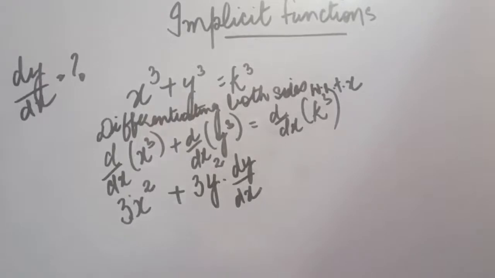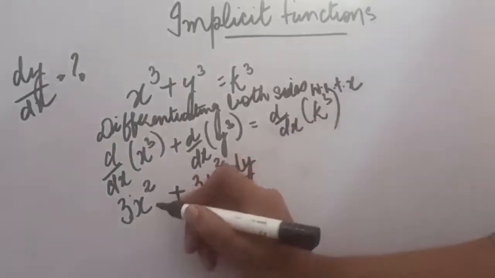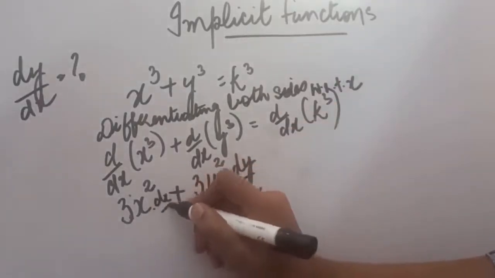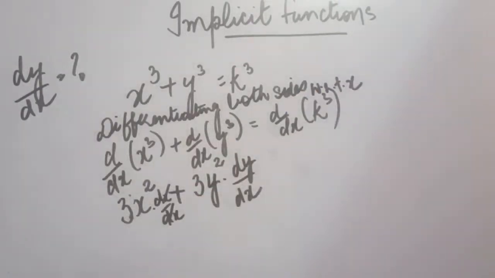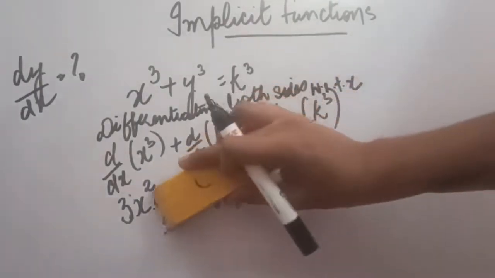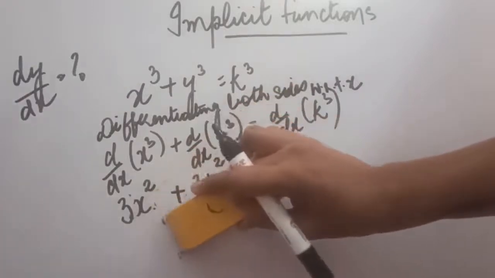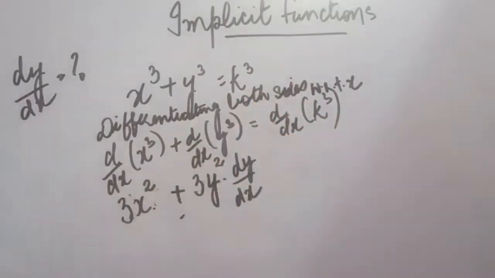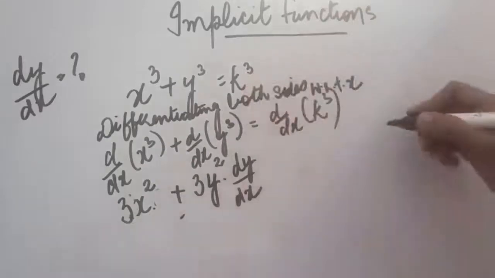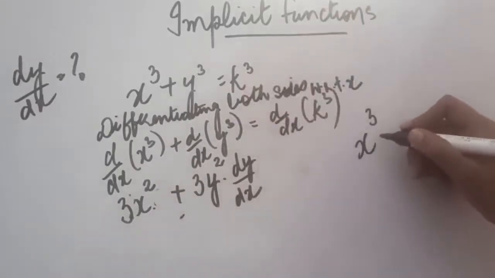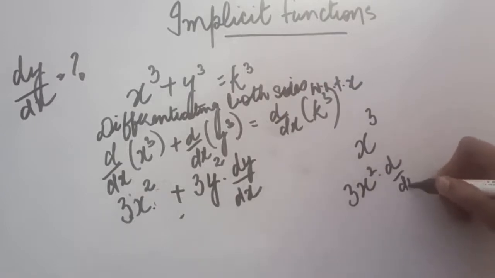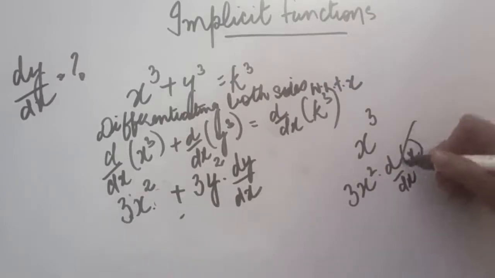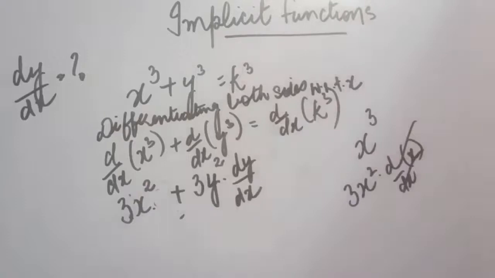I hope the point is clear. Here if you multiply, it will be dx by dx, so the dx will get cancelled. That is why we do not write this in every formula. When I take the differentiation of x cube, it is 3x square, and the differentiation of the base is cancelled, so we do not write it.